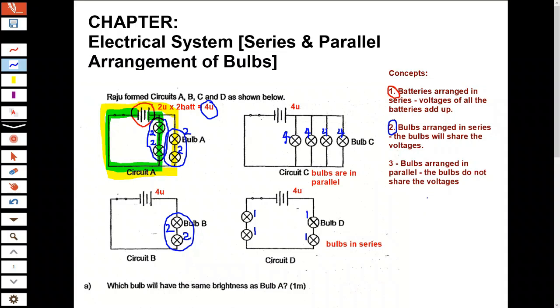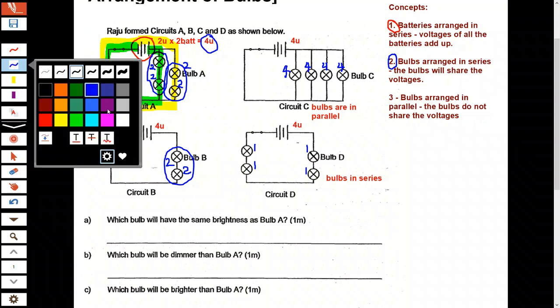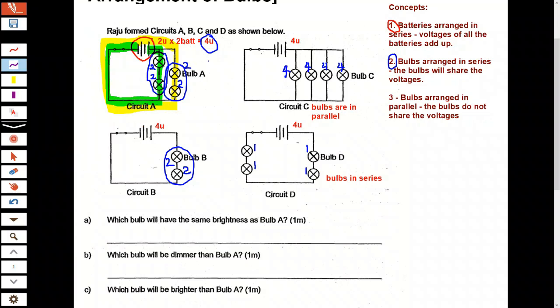So if you look at question A, okay, it says which bulb will have the same brightness as bulb A. So let's identify bulb A first. Okay, so bulb A is here. I will use purple. And you will realize that bulb A is 2 units. So same brightness means we are going to look for a bulb that has the same amount of electric current flowing through it, and which will be bulb B. Because why?